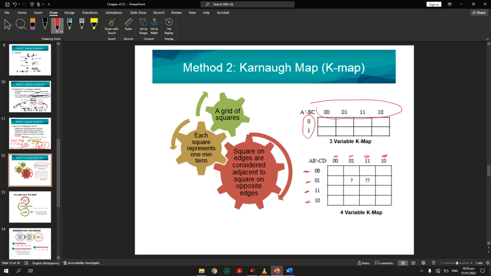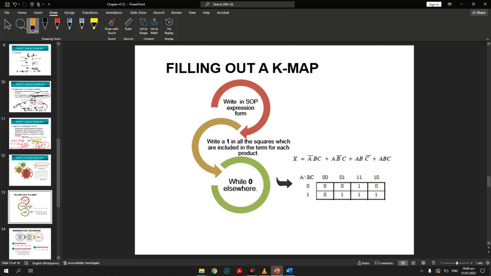Because later on, if it gets mixed up, your answer in your K-map will already be wrong. It will be wrong if the assignment of your inputs, 0 0, 0 1, 1 1, and 1 0, gets mixed up. So again, that is a reminder to all of us when filling out our K-map.